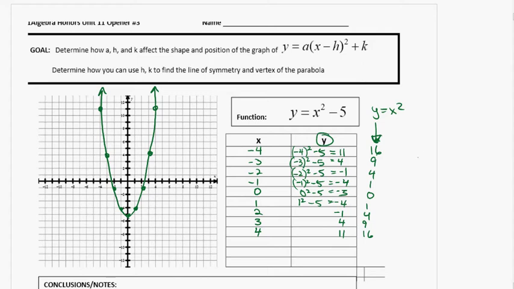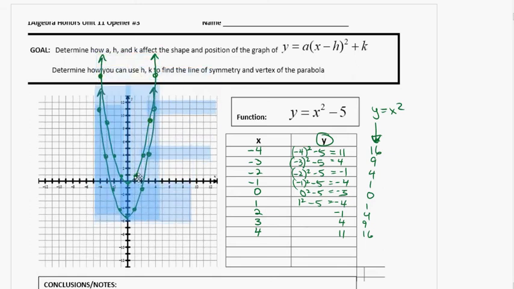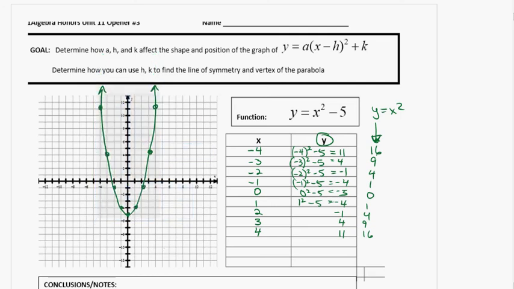Hopefully you can see the pattern that the new one is 5 less, which of course makes sense because if you were to take it and shift it up 5, you would have gotten our parent function. But since it wasn't shifted up, it was shifted down 5, it lands right there. So basically it's like I'm graphing my parent function and then shifting it down.